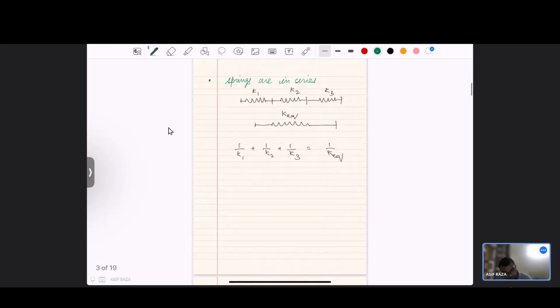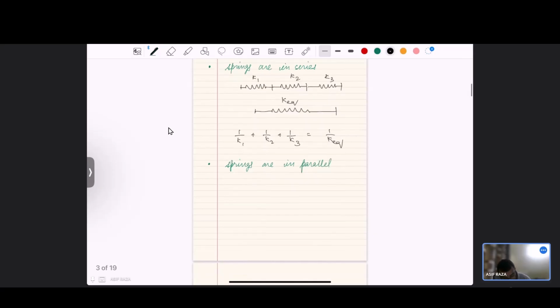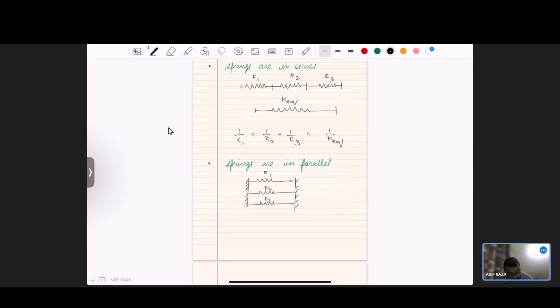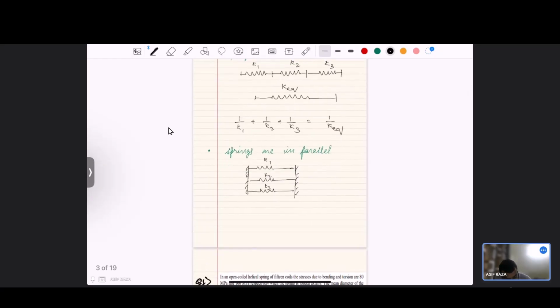And one more thing, when springs are in parallel, K1, K2, K3, I can draw one spring which would have the similar property.